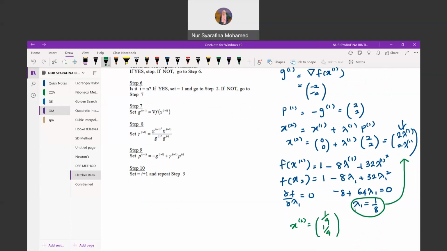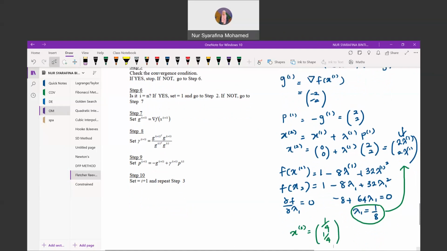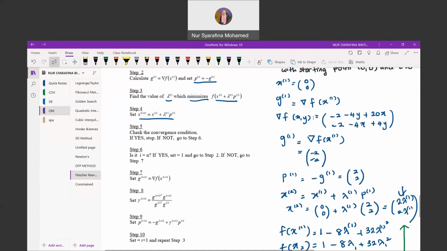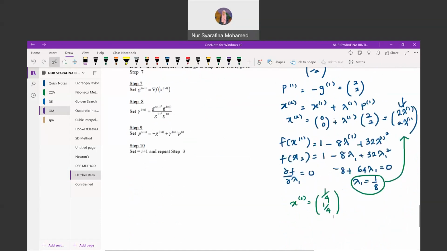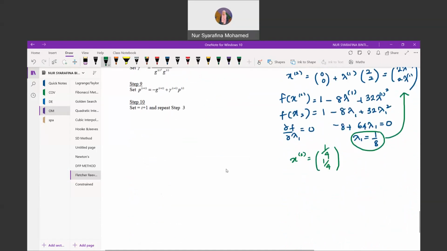Okay, and find your G2. Just substitute the point x2 into G here. Then G2 is given by (2, -2), right?